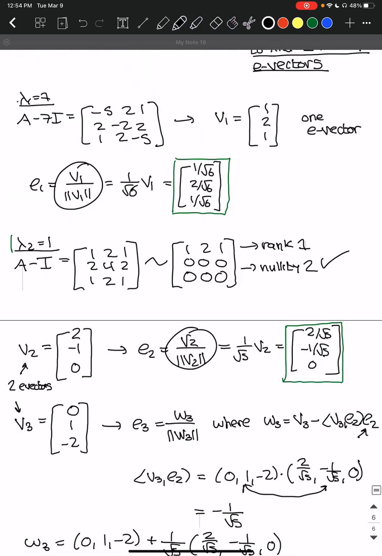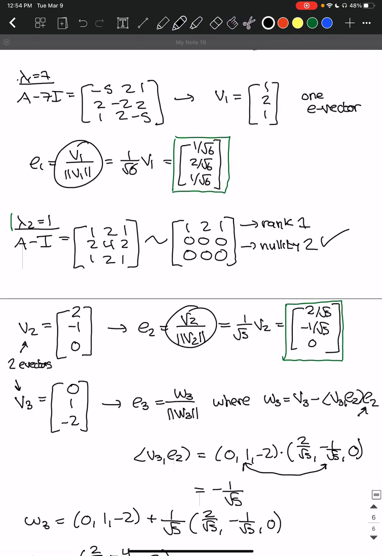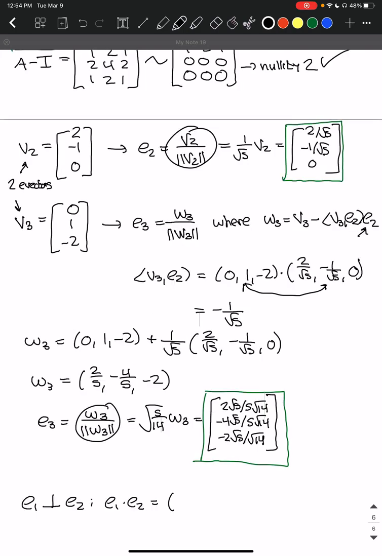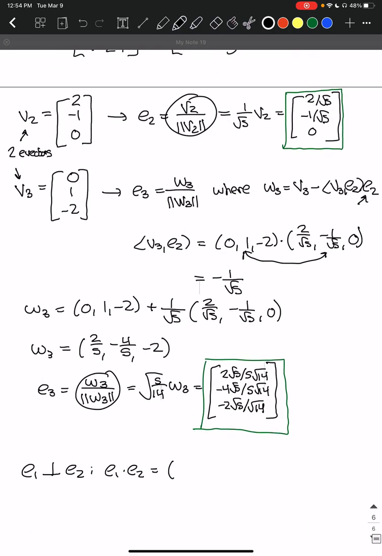When I dot E1 with E2, we can do it out. This is 1 over root 6, 2 over root 6, and 1 over root 6. I'm dotting that with 2 over root 5, minus 1 over root 5, and 0.